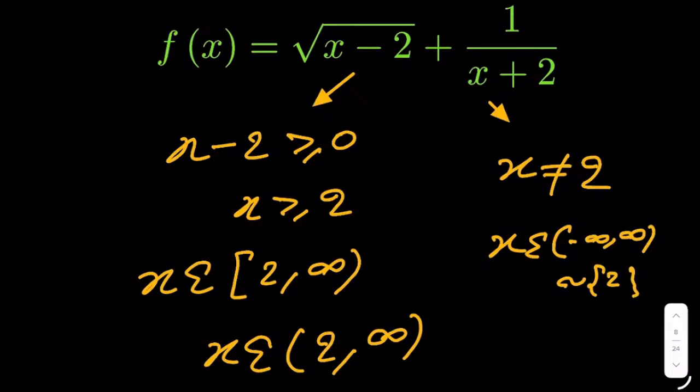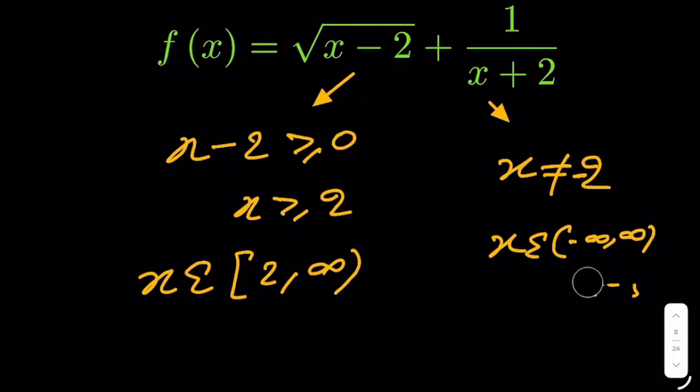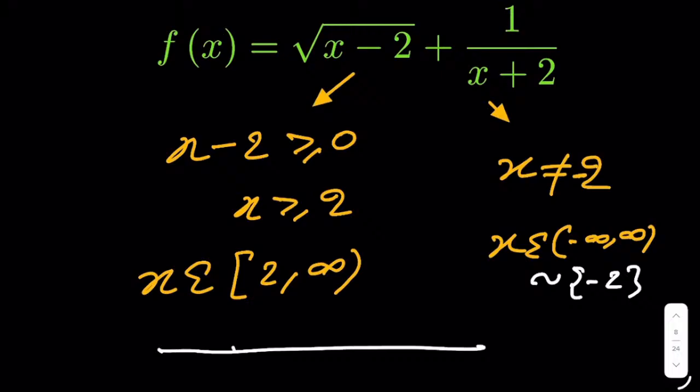Not exactly this. Sorry, here minus 2. Silly mistake. Here it is x plus 2, so a silly mistake from my side. So here it is not 2, it is minus 2. Clear? So the common part of these two, simply this one same.